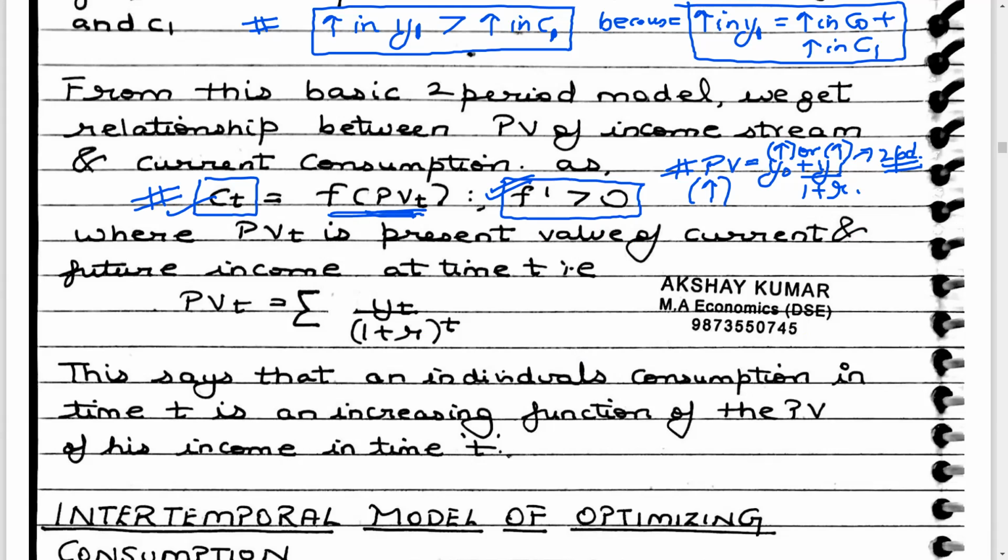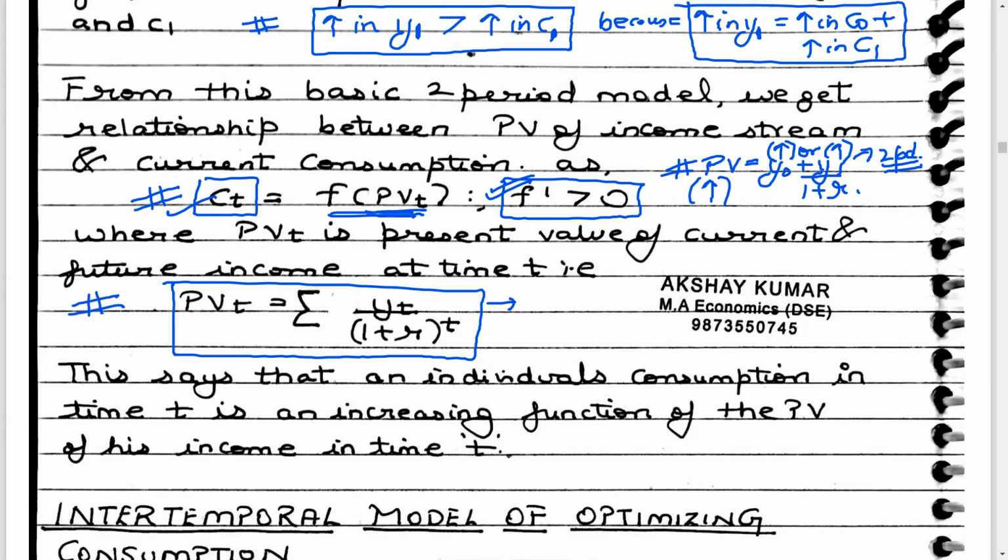Now, guys, this was for 2 periods. In general, for t periods, the present value of income will be summation yt upon 1 plus r to the power t. In general, for t periods, PVT will be summation yt upon 1 plus r to the power t.